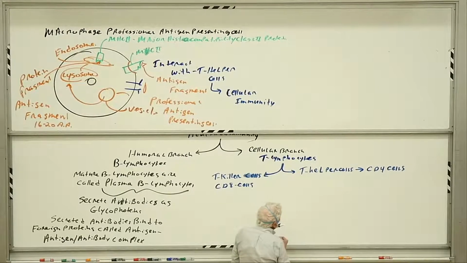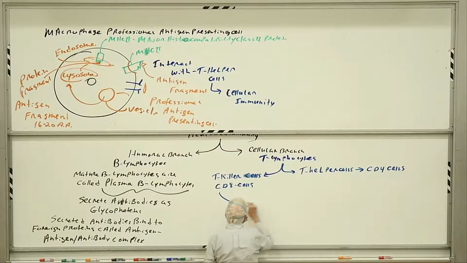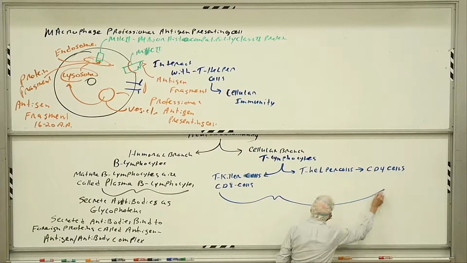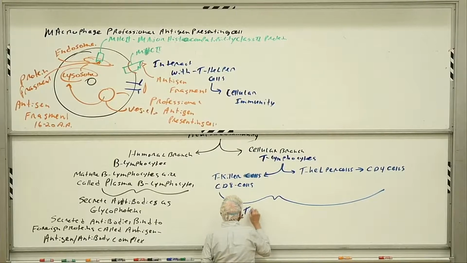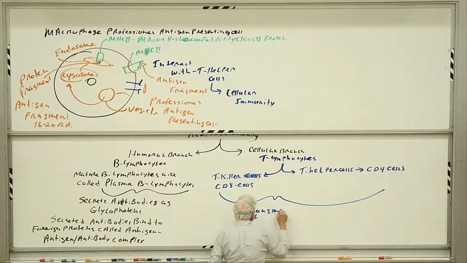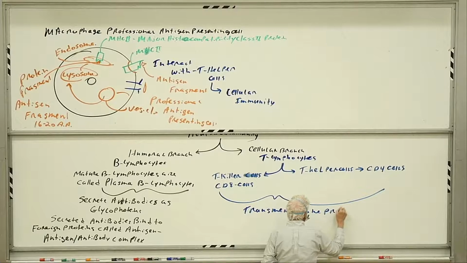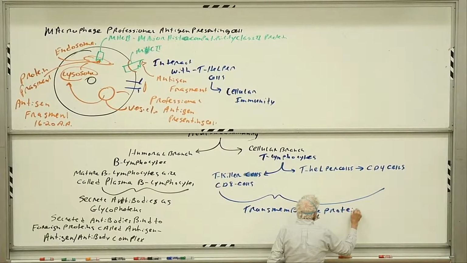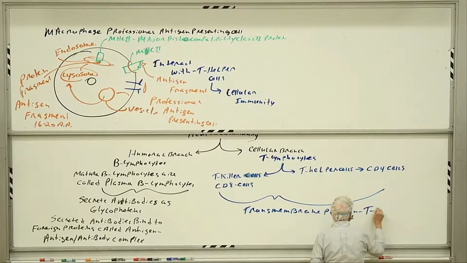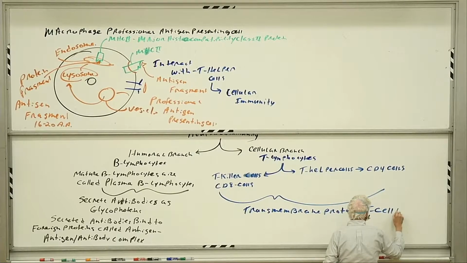Now, these T helper cells and the T killer cells, what they in fact have in common is they have a transmembrane protein called a T cell receptor.